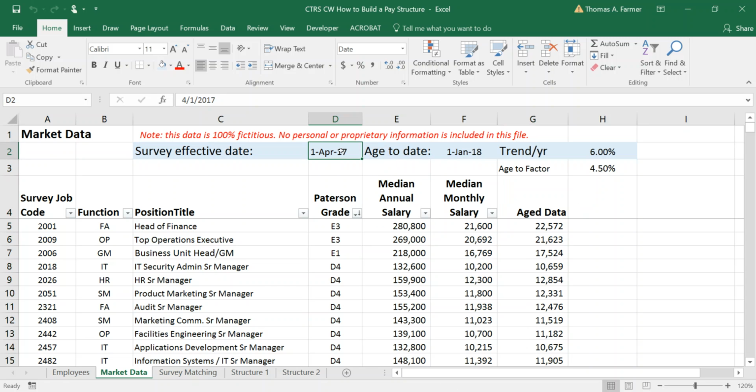So going from April to January is 9 months. So if the annual salary trend is 6%, I'm going to age 9 divided by 12. 9 out of 12 months is 3/4. So I'm going to take 3/4 of 6%, which is 4.5%, and apply that to the raw market data to get my aged data. Okay, so I have aged data here.